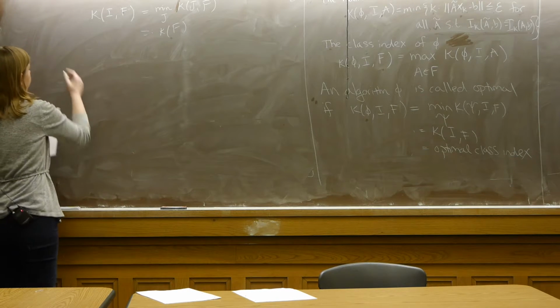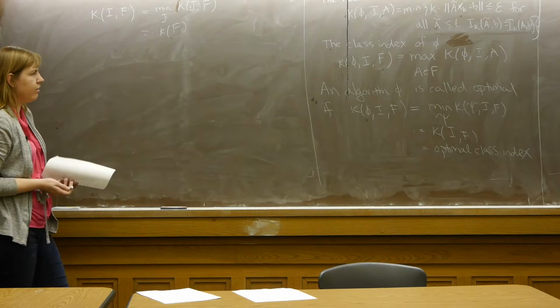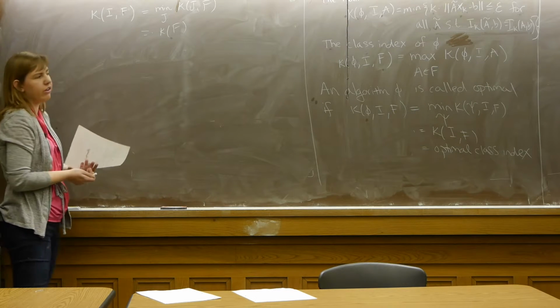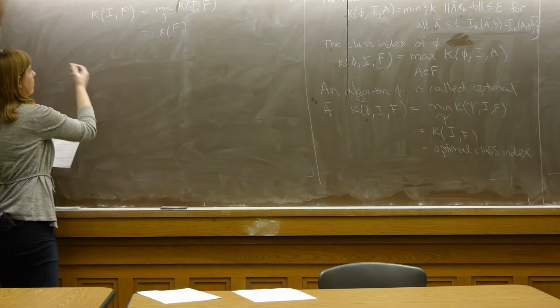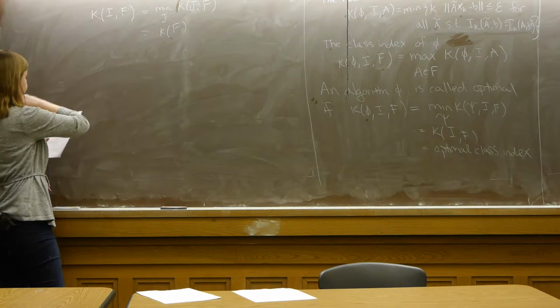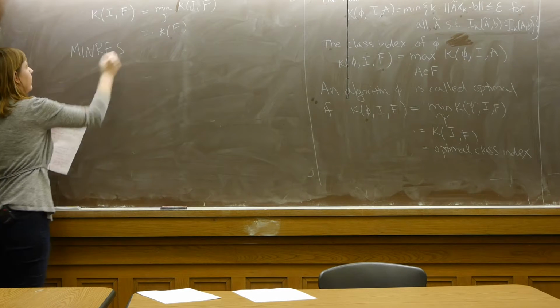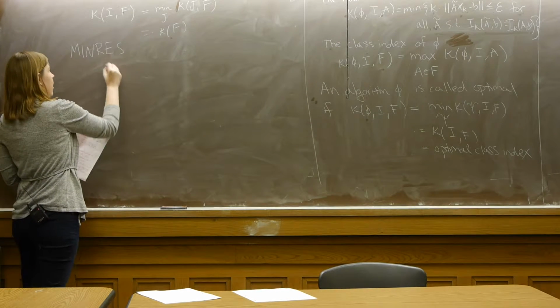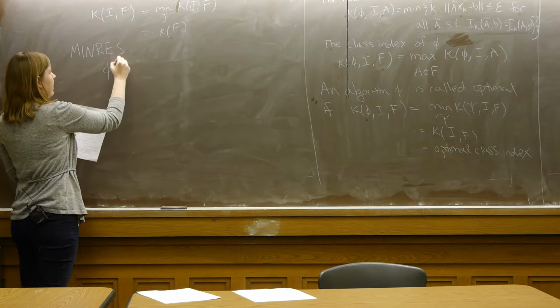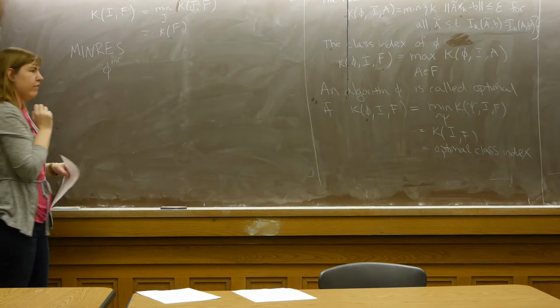All right, and then one more thing here. So we're talking about algorithms abstractly. The main algorithm I'll talk about today is MinRes. So let's just review what MinRes is. The MinRes algorithm I'll denote as phi_MR.